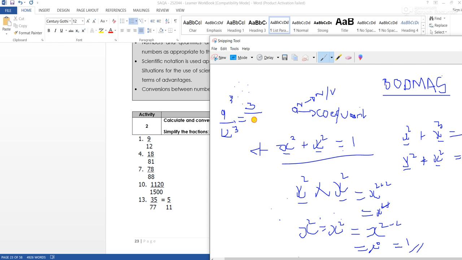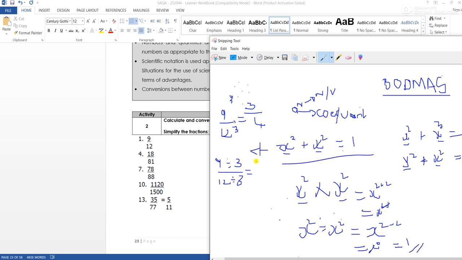So we managed to simplify further the question that we were given. What we'll do, we will use this format to say 9 divided by 3 over 12 divided by 3.